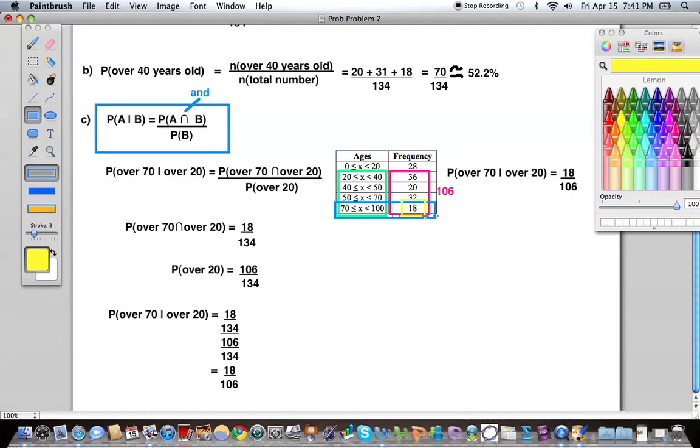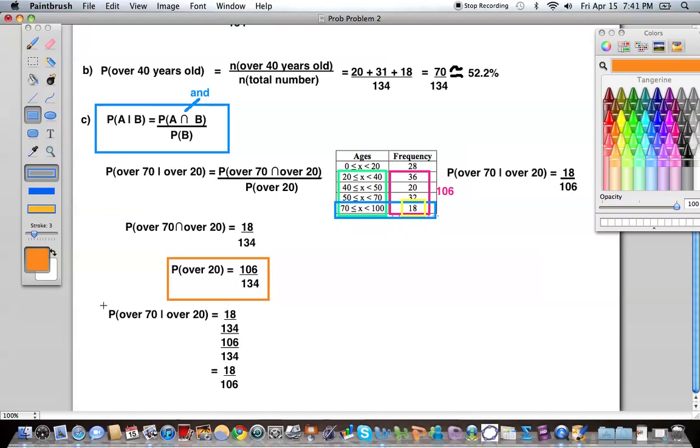Only 18 of these are both over 70 and over 20, over our total population of 134 passengers. The probability of a passenger being over 20, we already figured that out over here. We know that there are 106 passengers who are over 20 out of our total population of 134. That gives us 106 divided by 134.